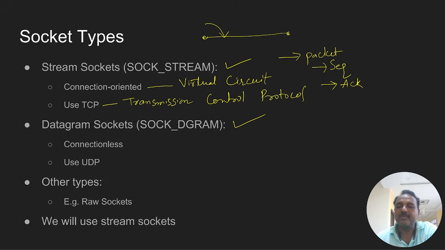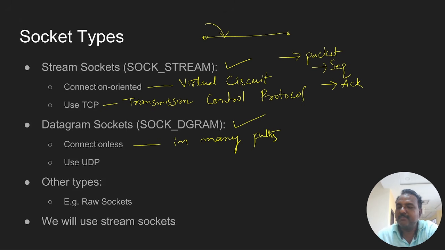And the other type of protocol which we observe here is a datagram, and it is a connectionless network. It means that we are not going to create any virtual circuit, and it is not going to follow one path. So the packet is going to be transmitted in many paths from the sender to the receiver.